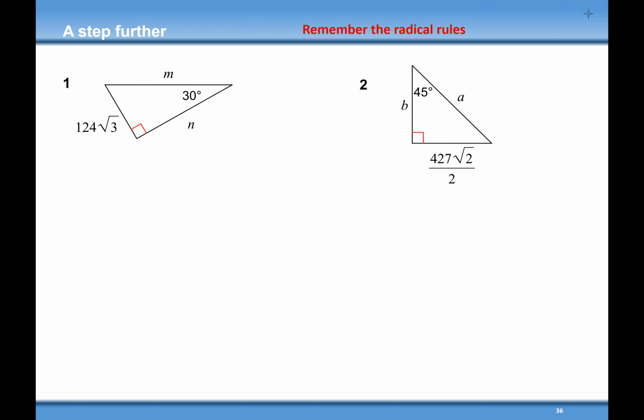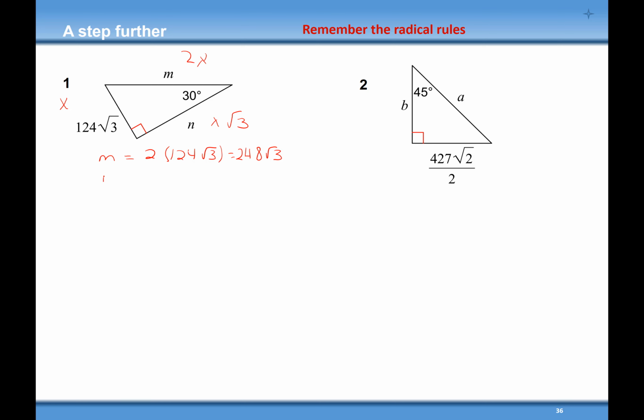So if we look at number 1, it's clearly a 30, 60, 90 triangle, which means we have x, x root 3, and 2x. So then we can use this information to solve for m and n, right? In this situation, m is equal to 2 times 124 root 3, which would give us 248 root 3.